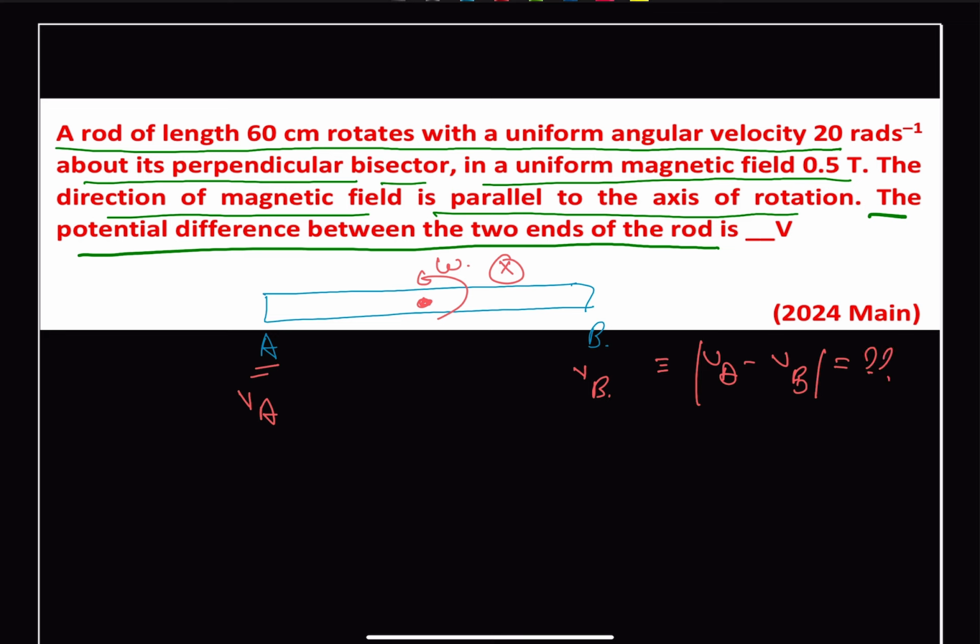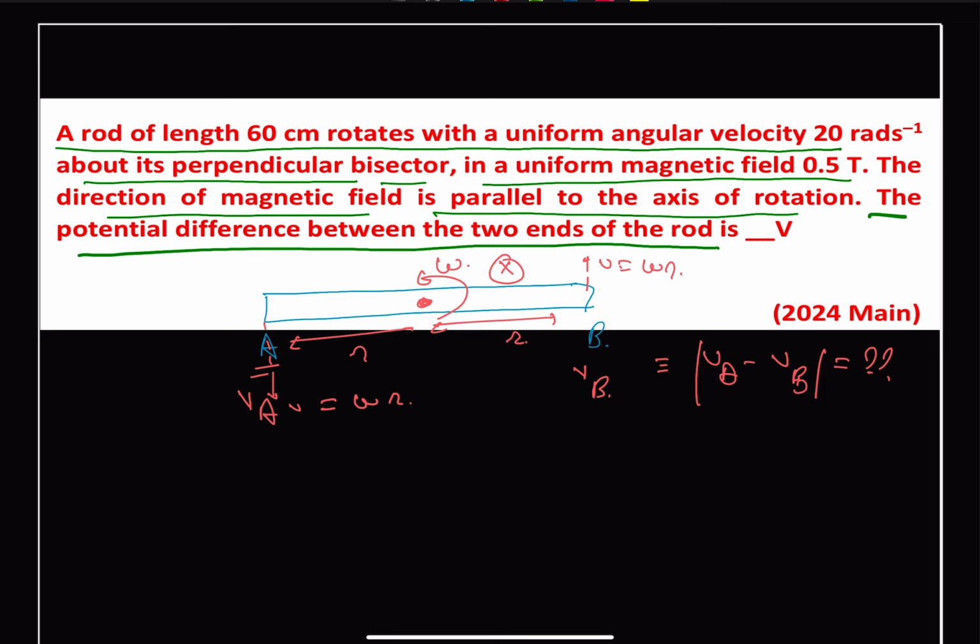Okay. And the linear velocity of this end will be V, and the other end will also have V, which is equal to omega r, if r is the distance. And here also this will be r, so we get V is equal to omega times r. The direction will be opposite to each other.